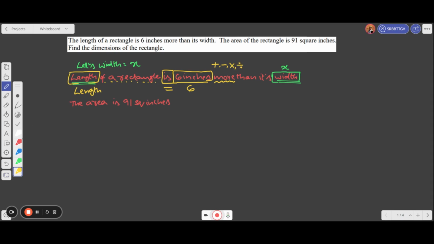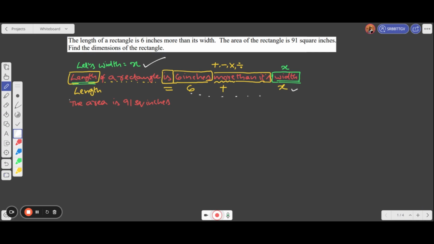Math means only these four options. More means positive sign. More than its width. We thought the width is equal to x units. So now we got that width is x and length is 6 plus x.